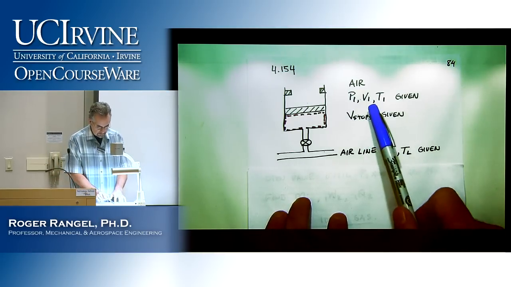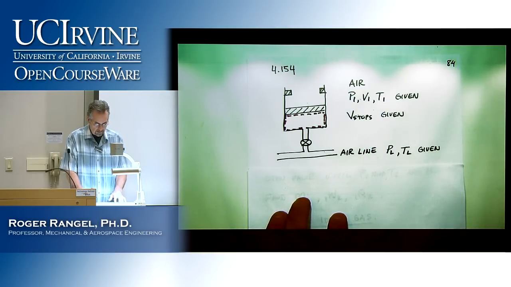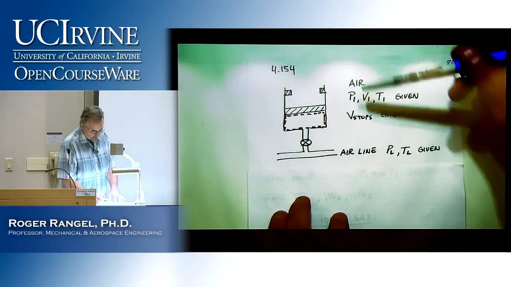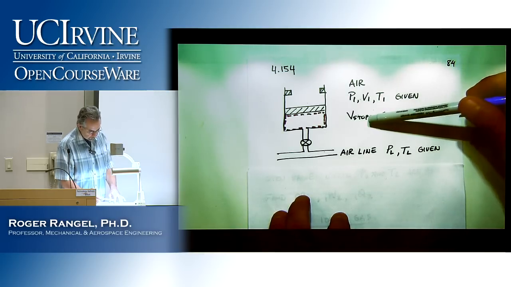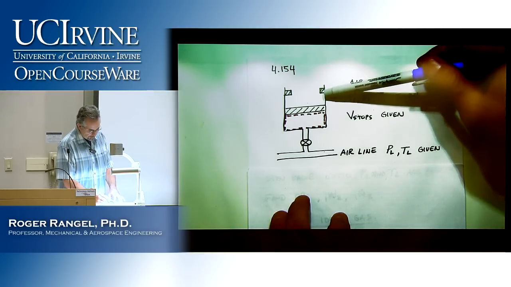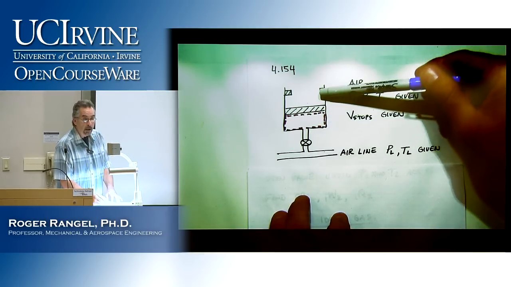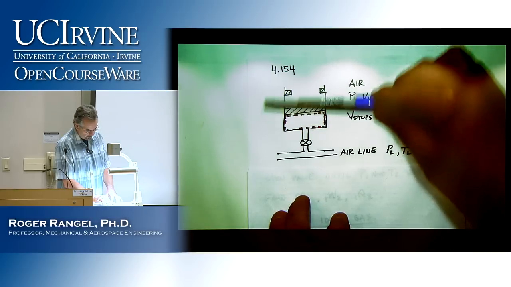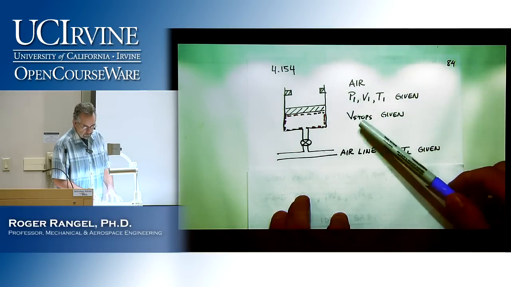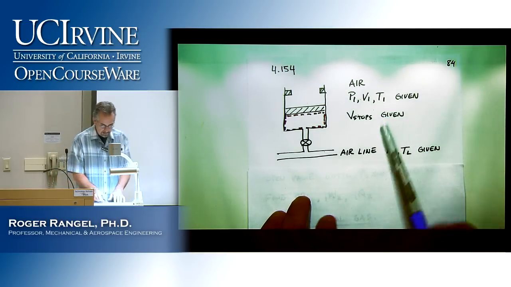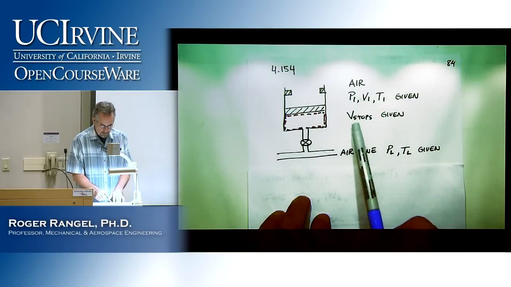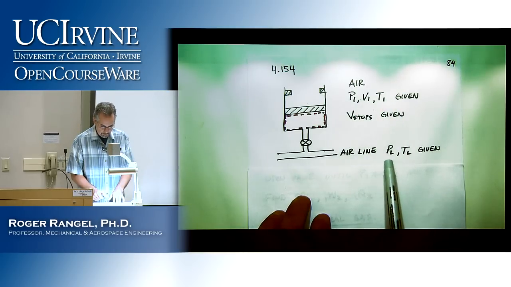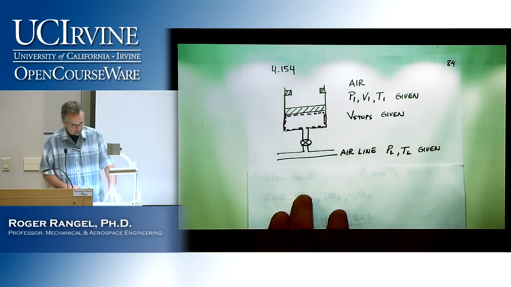Those are P1, V1, and T1. So those are given as well. And I also know the volume when the piston is at the stops. So if the piston has moved all the way to the top, I also know that volume. So everything that is listed here, P1, V1, T1, volume at the stops, P_L and T_L are given.